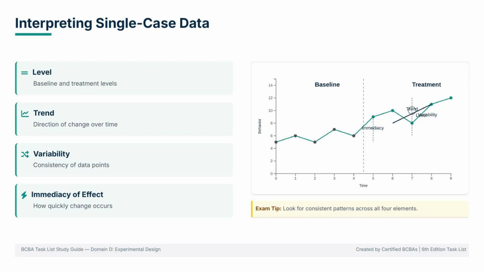Look at how consistent the data points are. Is the behavior stable, or does it fluctuate a lot? Fourth, immediacy of effect. How quickly does the behavior change once the intervention is applied? A strong intervention shows a rapid shift. Exam tip. Always look for consistent patterns across all 4 elements. If the trend is unclear or variable, the design may not show a functional relation.